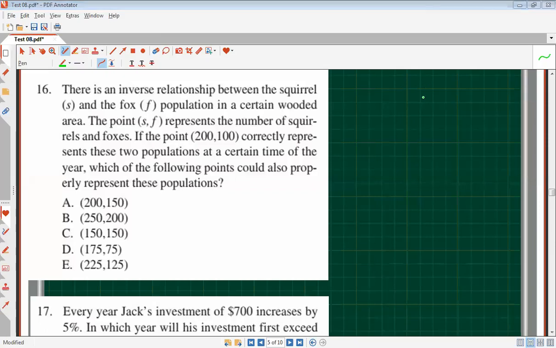Question number 16. There is an inverse relationship between the squirrel and the fox population. We should remember the word inverse. That means something increases and the other thing decreases.